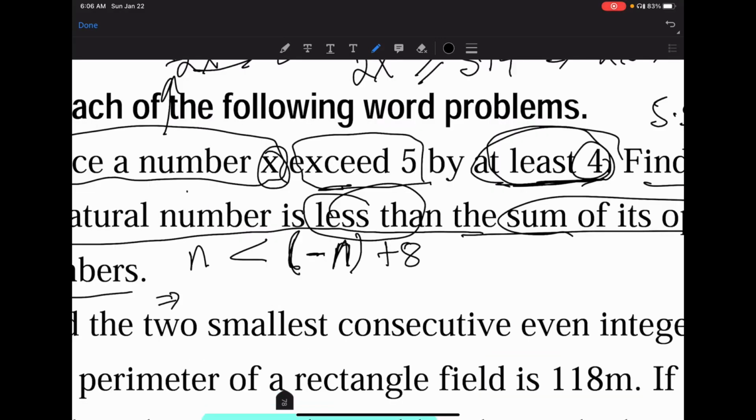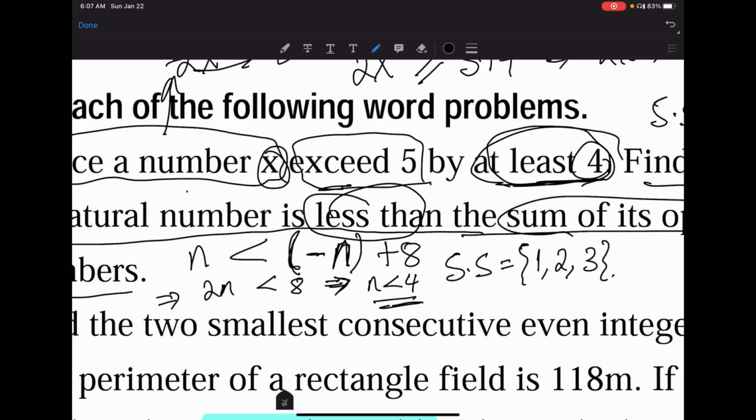This implies we solve the inequality: when we add n to both sides we get 2n < 8, which implies that n < 4. Don't forget that n must be in the natural numbers. So the solution set is 1, 2, 3. That's enough; 4 doesn't work because, although it is a natural number, 4 is not less than 4. So we write these.